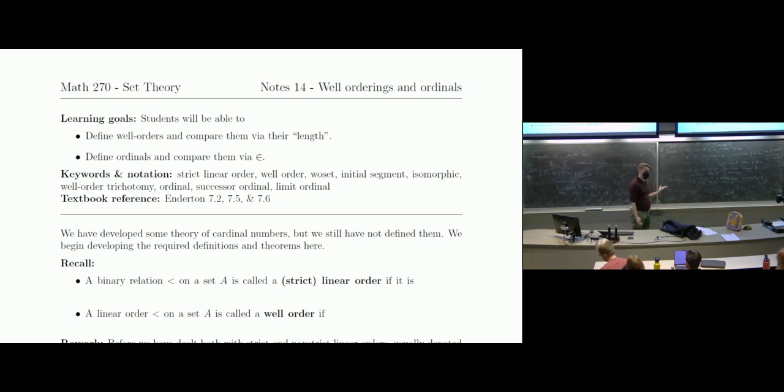Remember, by a convenient feature of our definition of the natural numbers, less than is the same as element. So these are both well ordered under element. Non-examples, right? The integers is not well ordered under its standard less than, because it itself has no minimum element, right? There's no smallest integer. Same for the reals, same for the rationals.